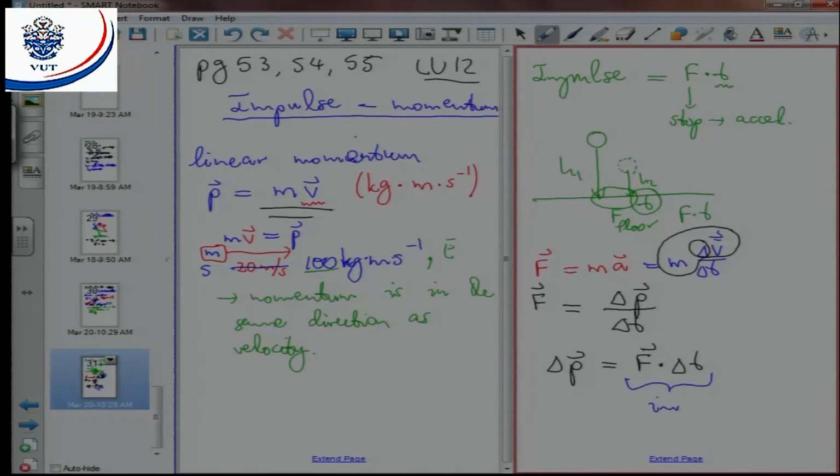Okay, so we call this thing impulse, and delta P is nothing but the change in momentum. So this is known as the impulse momentum theorem.